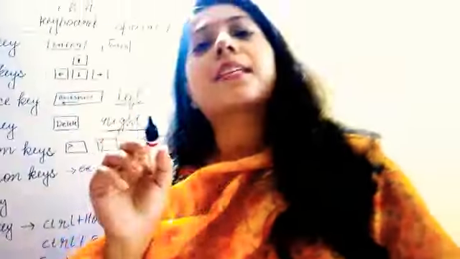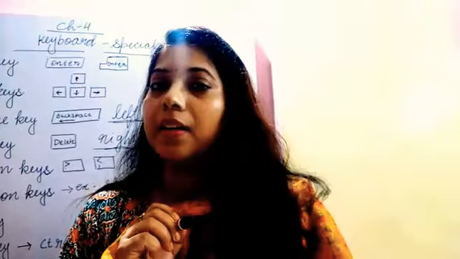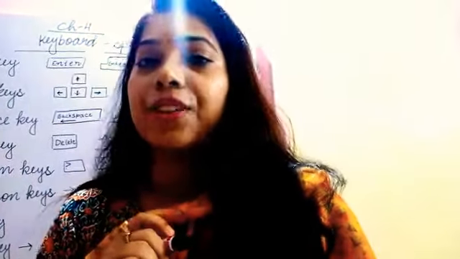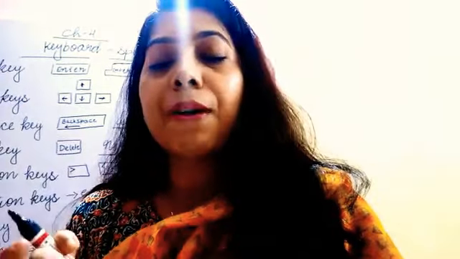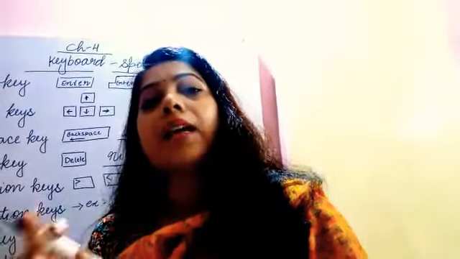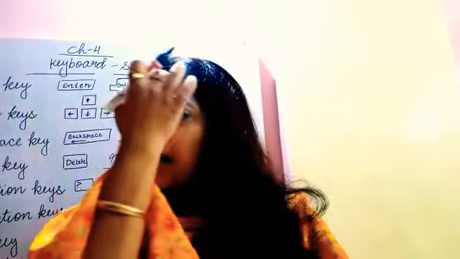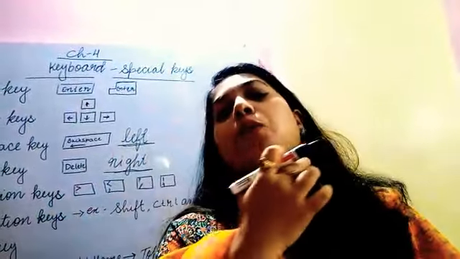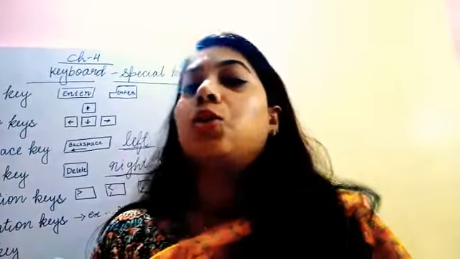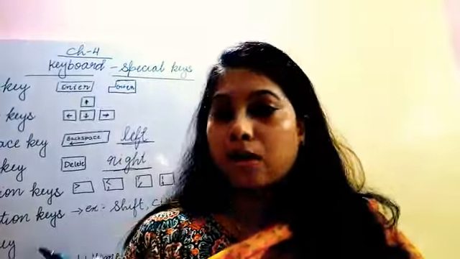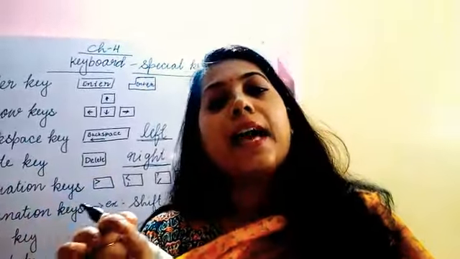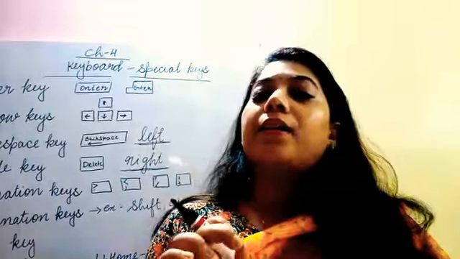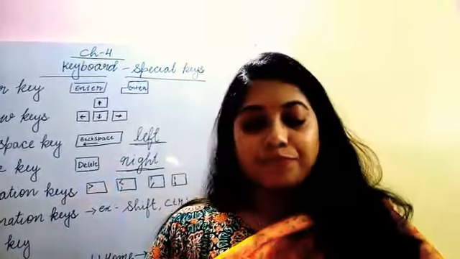Together you will get the exclamation mark on the screen. One more function of the shift key is that it helps us to type capital letters when the caps lock is off. In the last class we studied that if you want to write anything in capital, you need to switch on the caps lock key. But the shift key helps us to write any alphabet in capital when the caps lock is off.